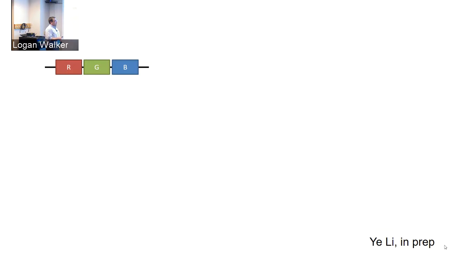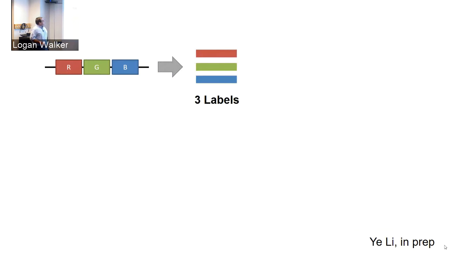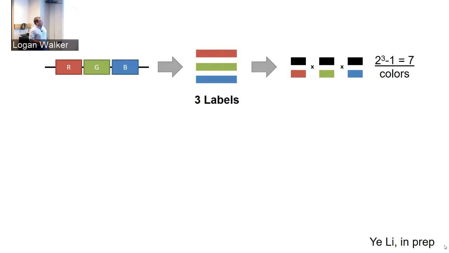So we use 3 different colors in a more traditional cassette. And when you combine those together, because they're not mutually exclusive, that gives you a total of 7 different color combinations. So you can have a neuron that is expressing green, blue, or red, or you can have green and blue, or blue and red, and so forth.